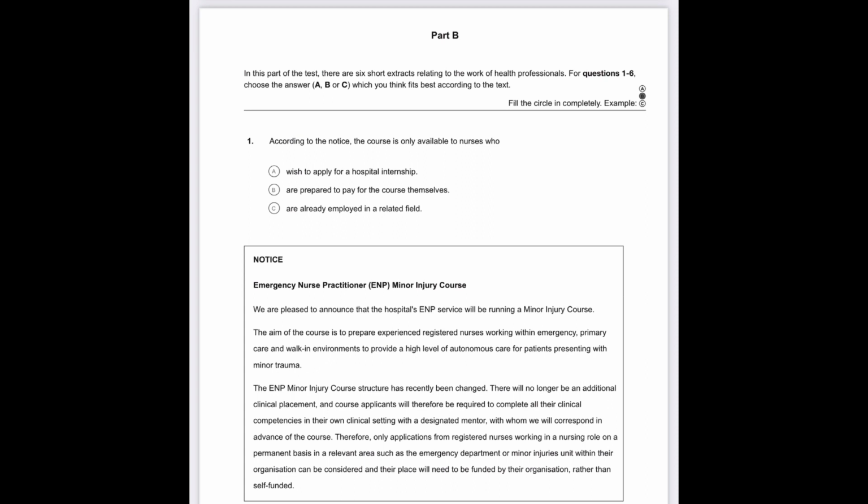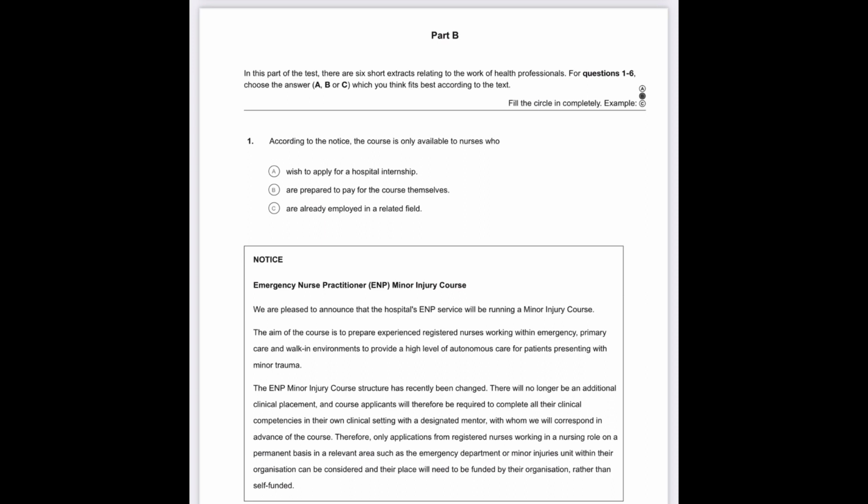The aim of the course is to prepare experienced registered nurses working within emergency, primary care and walk-in environments to provide a high level of autonomous care for patients presenting with minor trauma. So it is designed for experienced registered nurses working within emergency, primary care and walk-in environments.